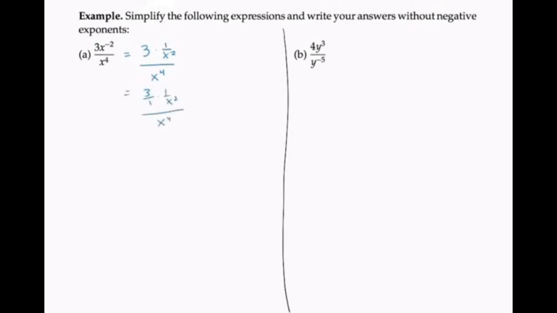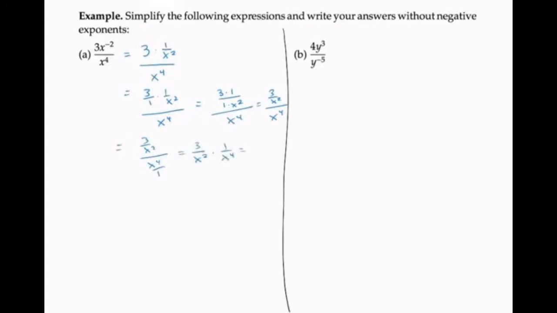Now, if we think of 3 as 3 over 1, we have a product of two fractions, which we evaluate by taking the product of the numerators over the product of the denominators, which is 3 over x squared, all divided by x to the 4th. I can think of x to the 4th as x to the 4th over 1, so now I have a fraction divided by a fraction, which I can evaluate by multiplying by the reciprocal.